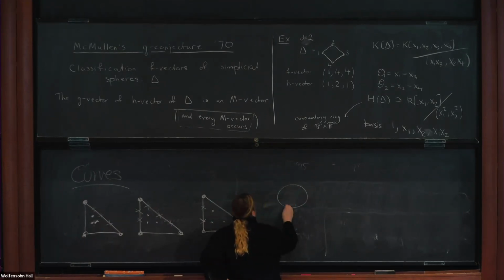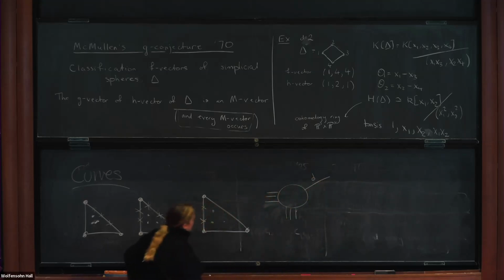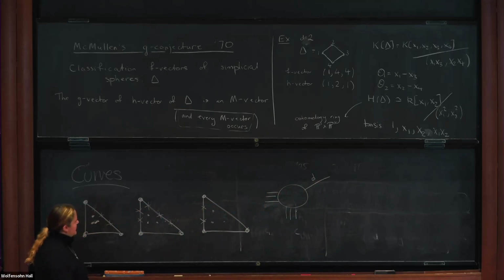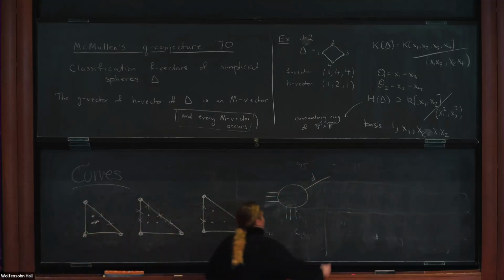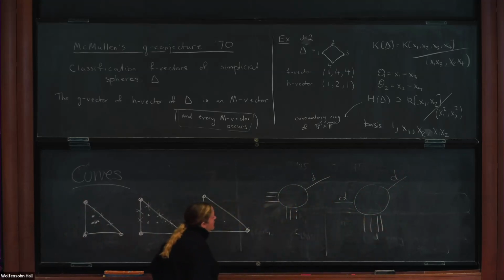I'm going to make it in general. I don't know what is happening here. I just know that the genus is maximal, and here we have an edge of weight d. The other one, I don't know what is happening here, but here I have degree d, weight d, and here I'm not sure.